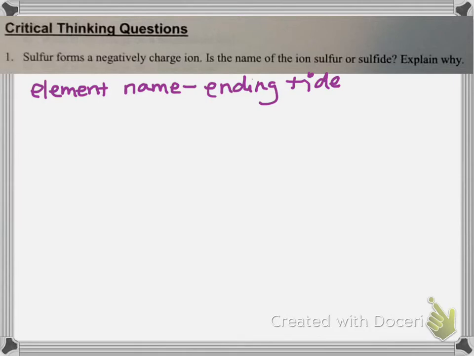So sulfur is going to be called sulfide when it becomes a negatively charged ion. Sulfide because negative ions end in "ide."